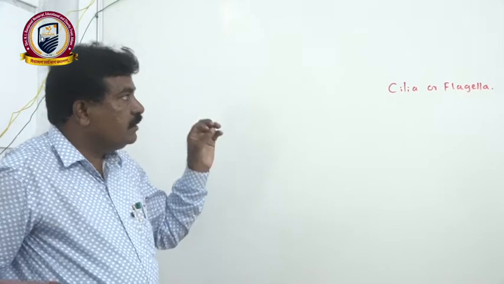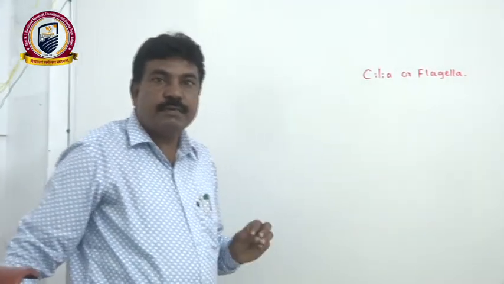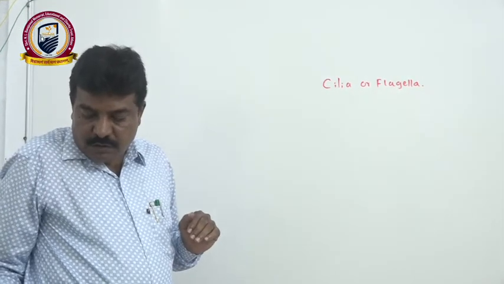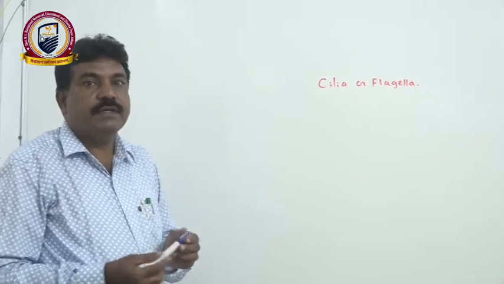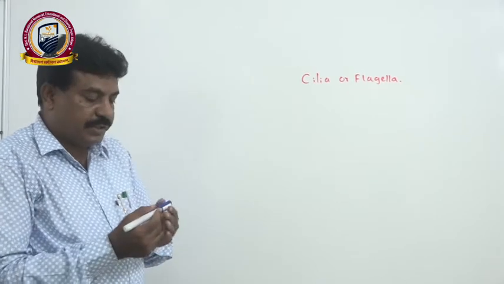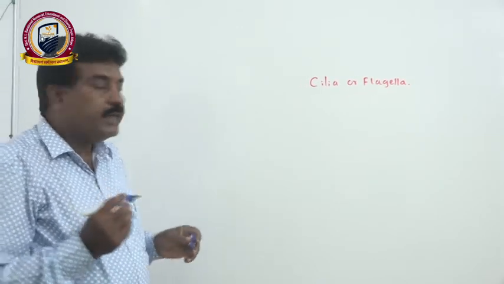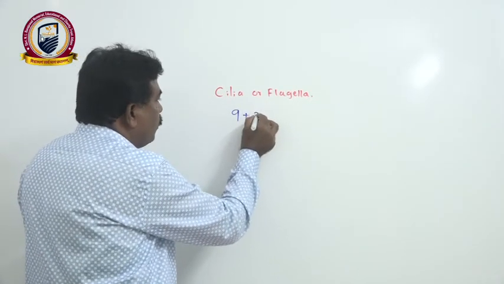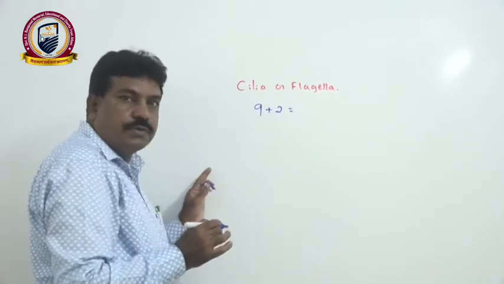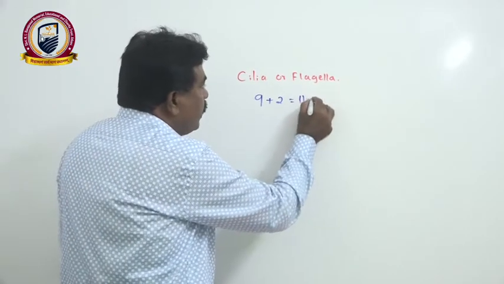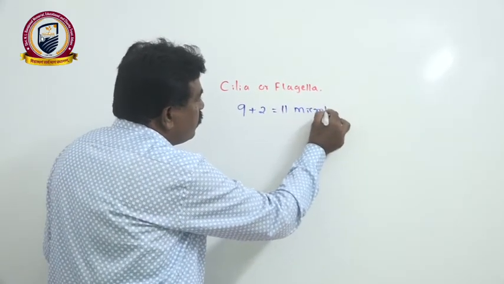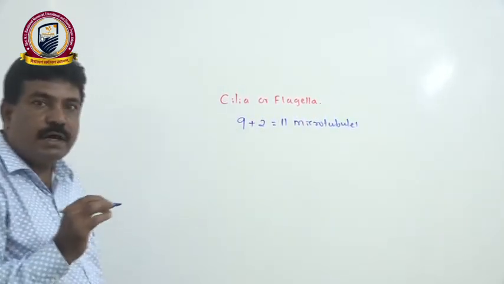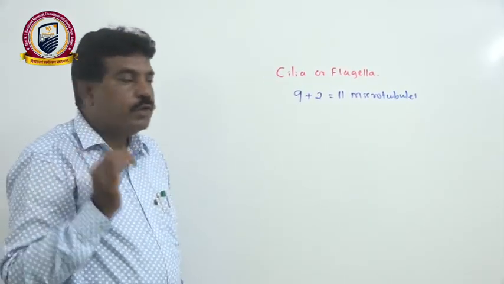When we consider the structure of cilia and flagella, there is a lot of similarity with the centrioles of an animal cell. But one basic difference we see in eukaryotes is always 9 plus 2, a total of 11 microtubules together form cilia and flagella, which help for locomotion.